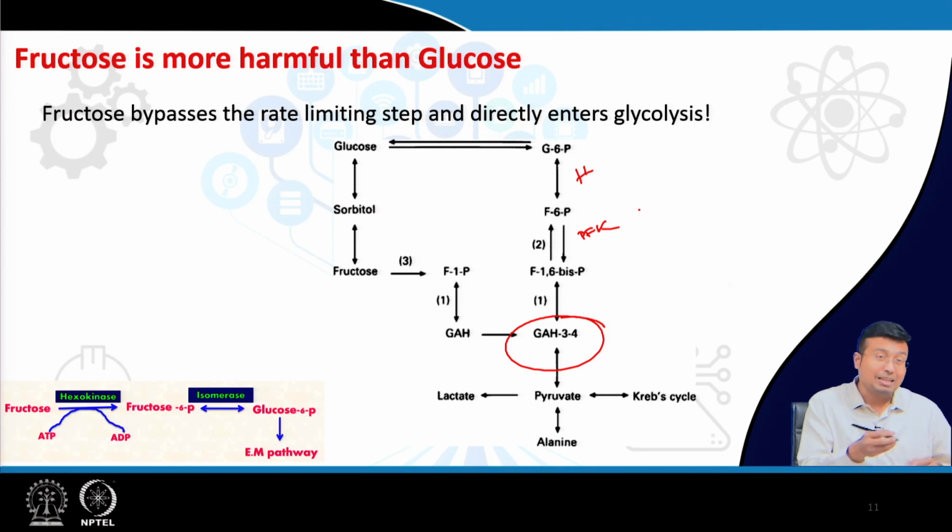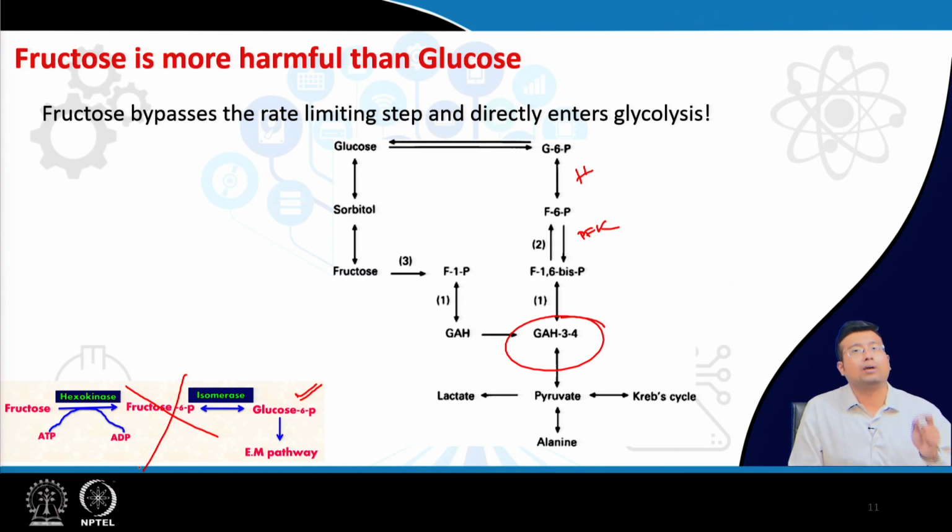As I told you, the minor pathway in which fructose enters glycolysis by bypassing the hexokinase step, by directly forming glucose 6-phosphate, usually does not happen. Even if it happens, it is still bypassing one regulating step, that is hexokinase. But if we do not consider this step because it is very rare, why I told you hexokinase has very low affinity for fructose.